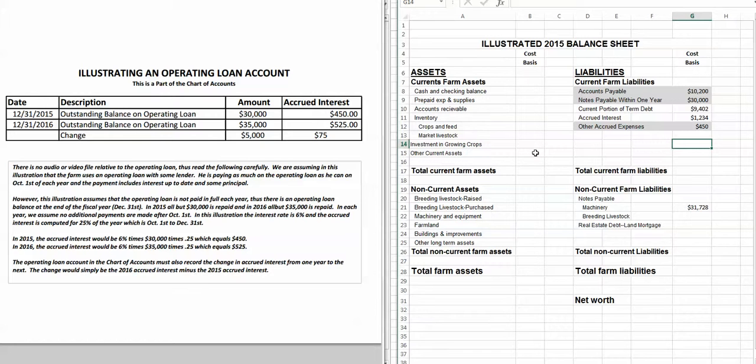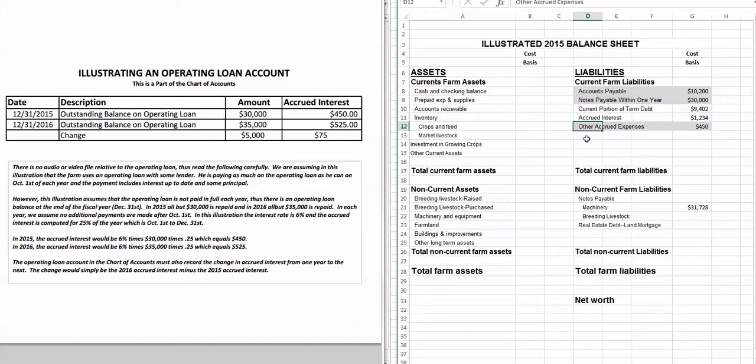Now listen carefully. What could other accrued expenses be? Well, anything on the farm that you pay for on an annual basis and you don't pay it on December 31st is going to have an accrued expense. Now, that probably didn't make a lot of sense, so let me illustrate. What if you pay your property taxes in September?